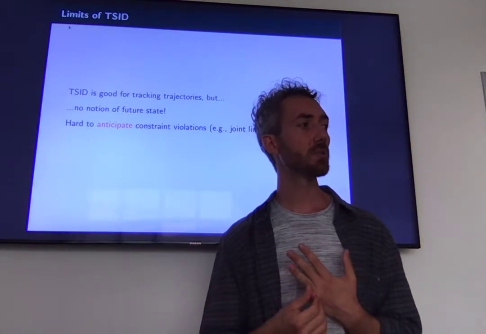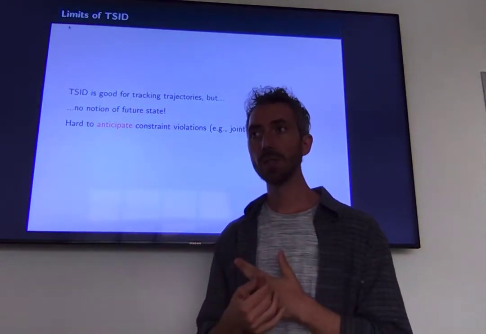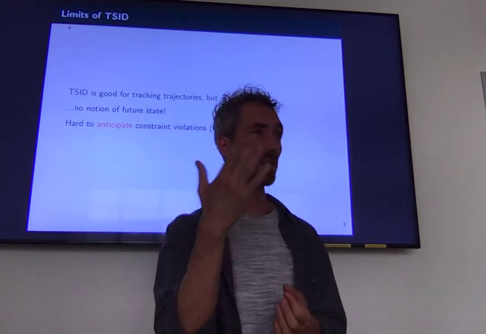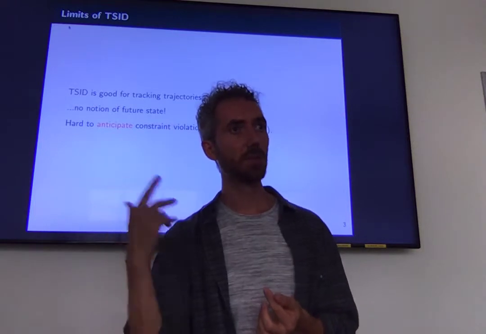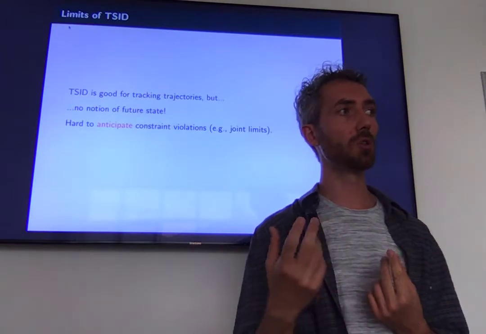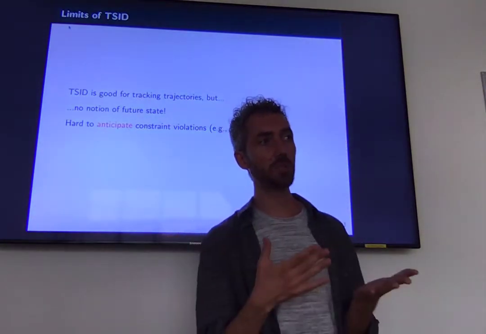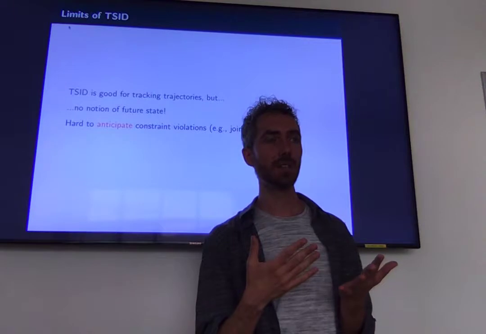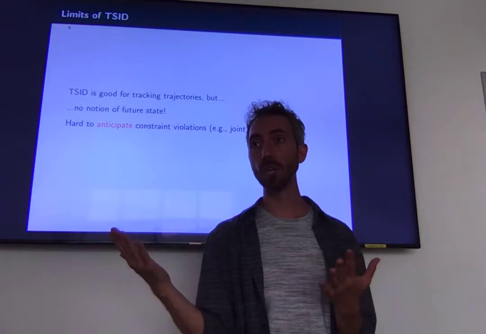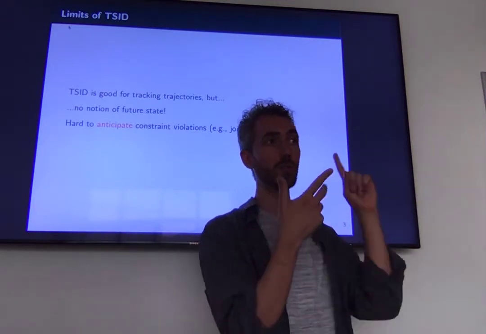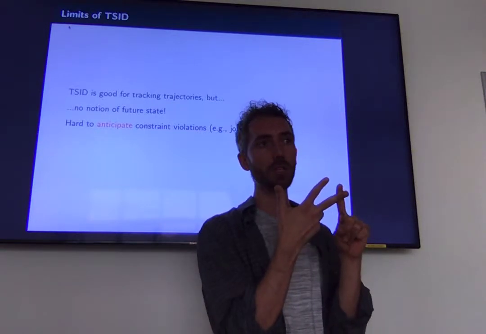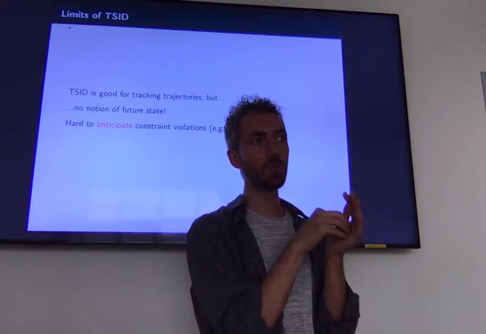But when it comes to other kinds of constraints, such as the joint position bounds, for instance, which we mentioned but we didn't really test in the script, those are quite hard to capture with reactive control, because joint positions are not one of the variables of your problem. The variables of your problem are the joint torques, the contact forces, and the joint accelerations. So how can you express a constraint on your positions?